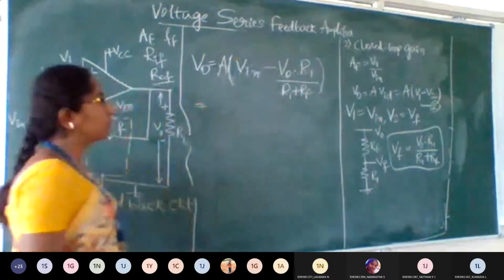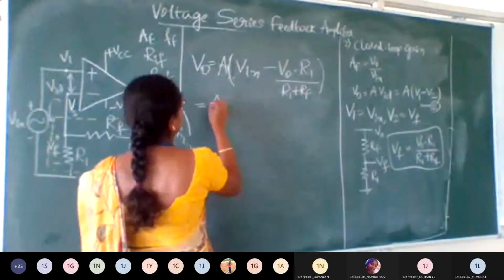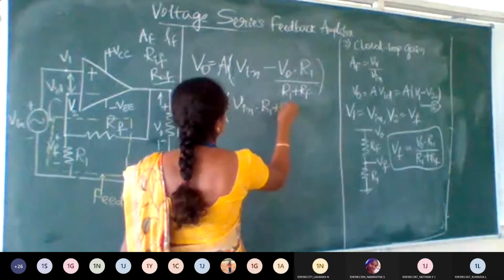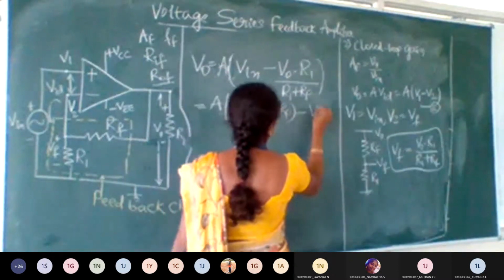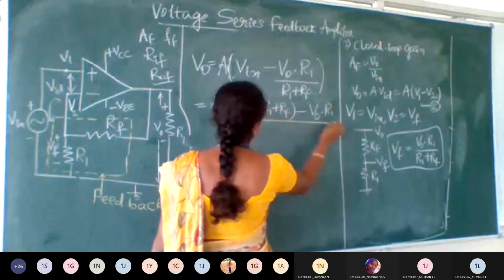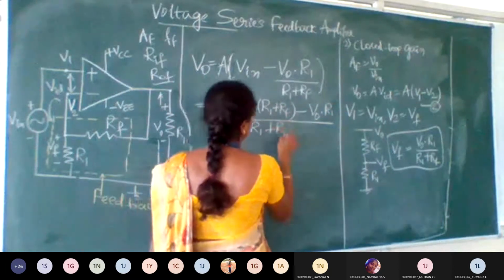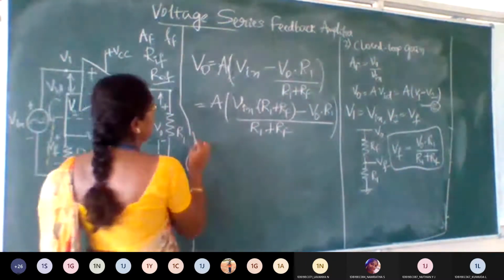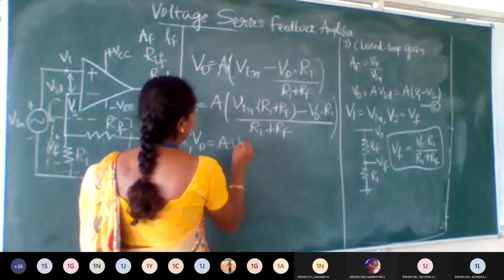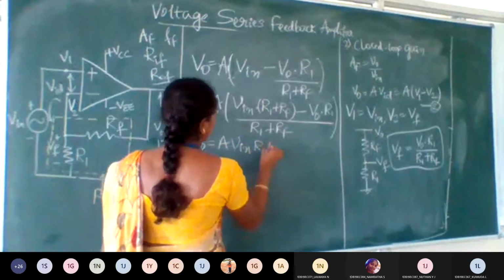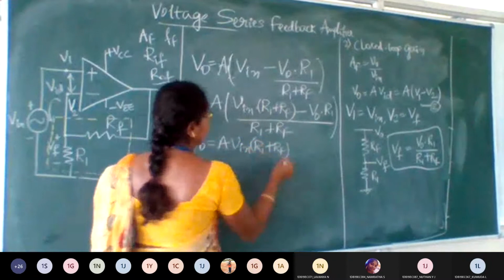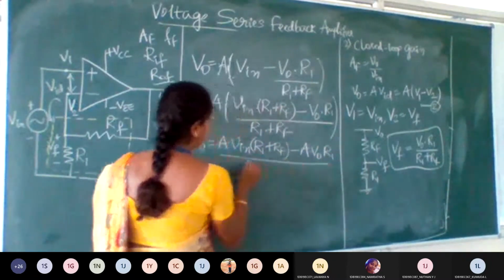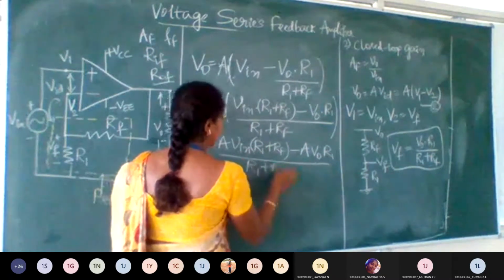Now if you simplify this, taking the LCM, Vin into R1 plus Rf minus V0 into R1, divided by R1 plus Rf. Now V0 is equal to A into Vin times R1 plus Rf, minus A V0 R1, divided by R1 plus Rf.